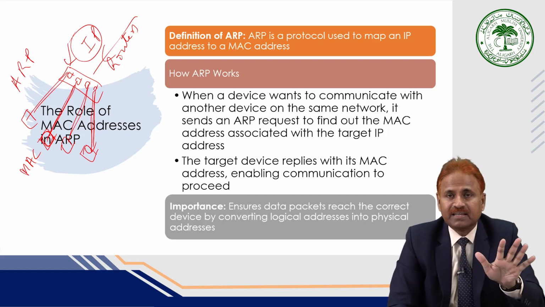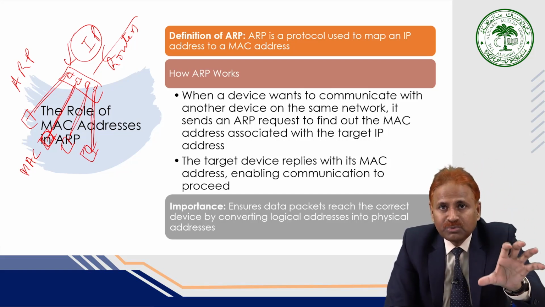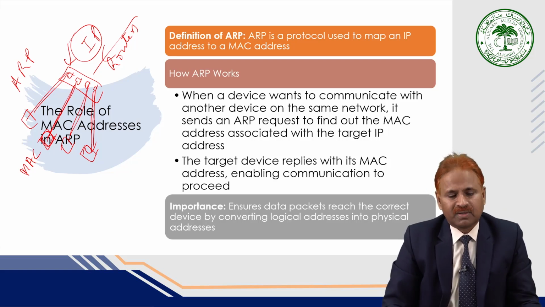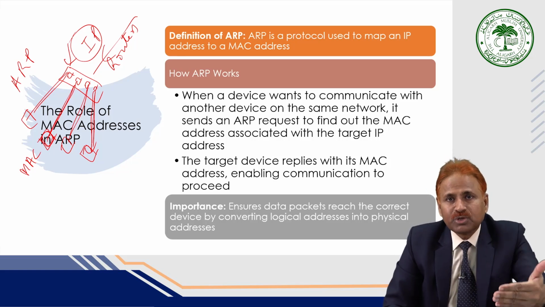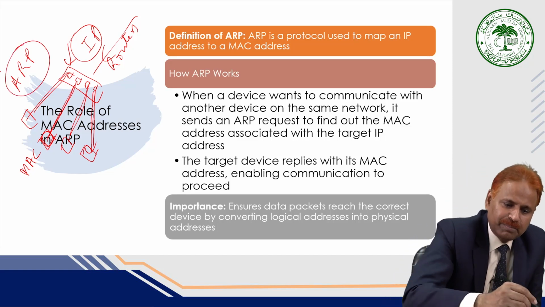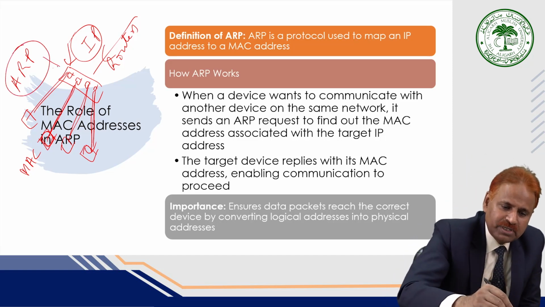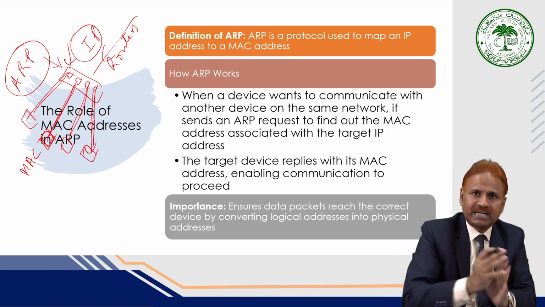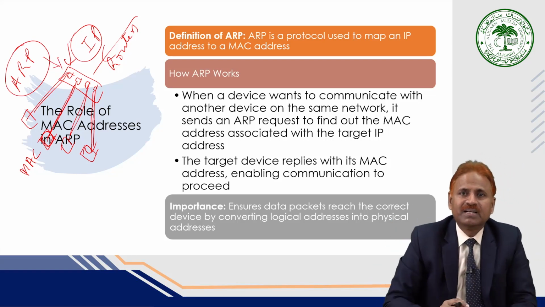ARP tells you exactly which MAC address is bound to a particular IP address. So, this is done by the ARP protocol. So, the ARP protocol helps you here to map the IP address with the MAC address, so that the correct delivery may be ensured to which computer it should go.